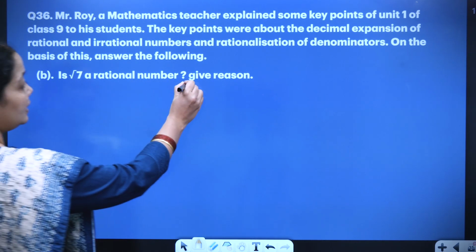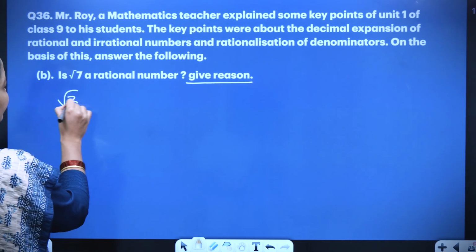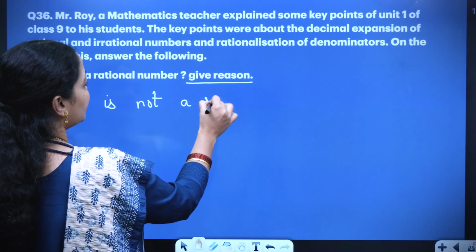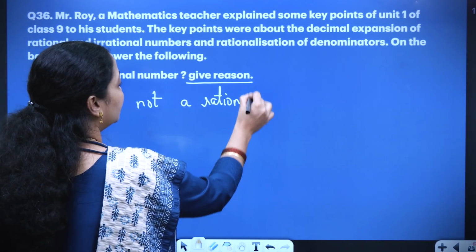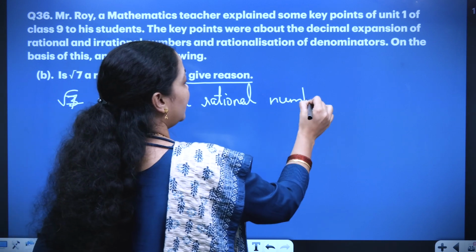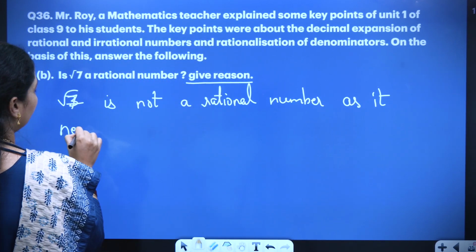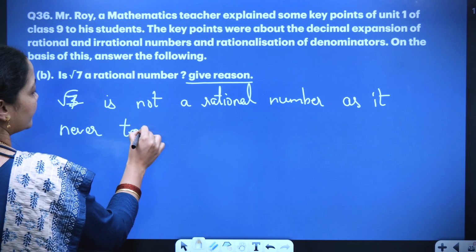You will give the reason: root 7 is not a rational number as it never terminates.